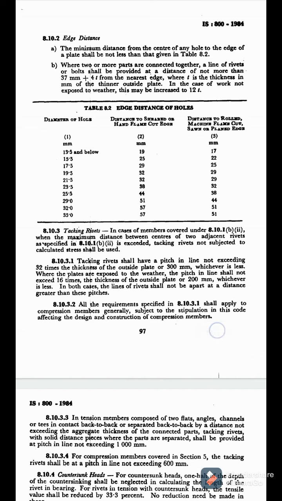What happens if you are going to add two angles for a long length?